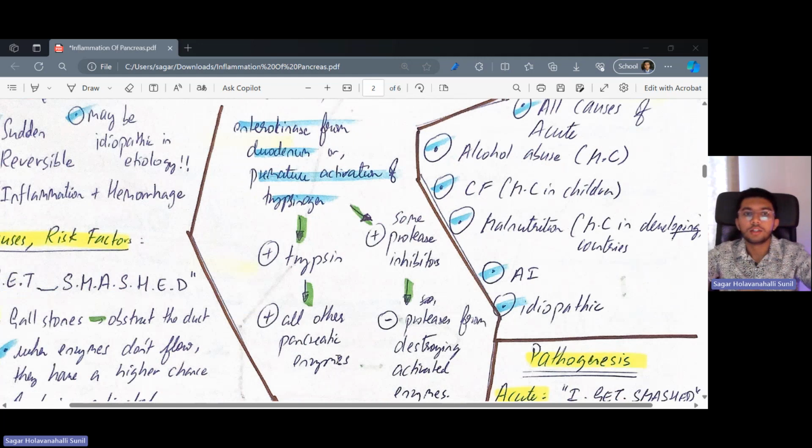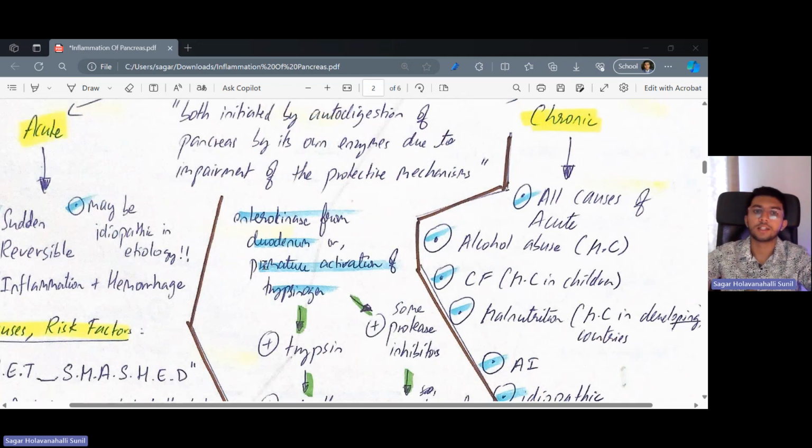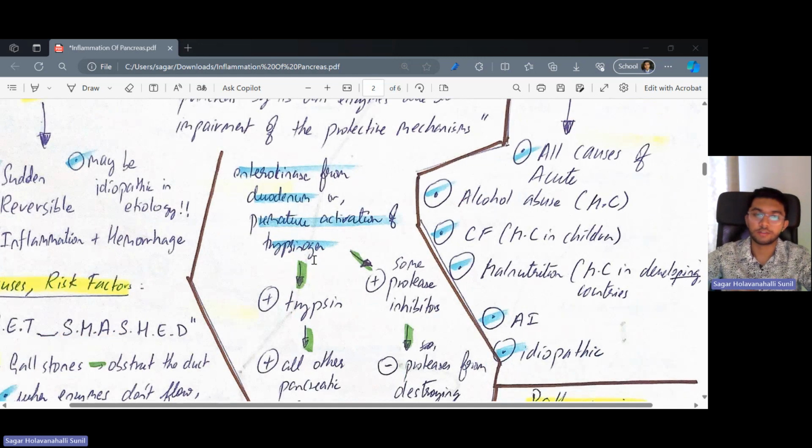and this trypsin then activates all of the pancreatic enzymes in the duodenum. So, what can happen is there can be a premature activation of this trypsinogen within the pancreas, and this could be because of a number of causes. It could either be the fact that enterokinase from the duodenum enters into the pancreatic duct, or it could be the fact that when there is a block for the exit of the pancreatic enzymes, the pancreatic fluid becomes stagnant within the ducts in the pancreas.